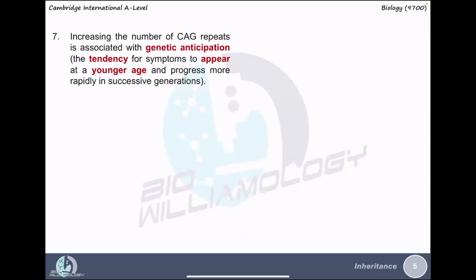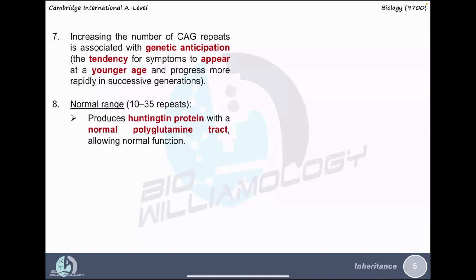Increasing the number of CAG repeats is associated with genetic anticipation. Genetic anticipation means the tendency for symptoms to appear at a younger age and progress more rapidly in successive generations. Normally, an individual will have about 10 to 35 repeats, producing Huntington protein with a normal polyglutamine tract, allowing normal functions of the protein.